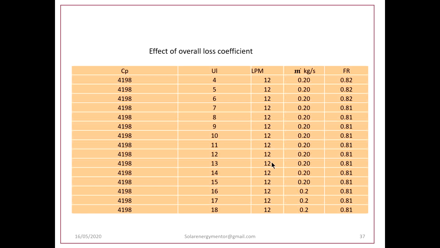Now, what is the effect of the overall loss coefficient on the heat removal factor? It is not much, not really noticeable, because if we vary the overall loss coefficient from 4 watt per meter square Kelvin to 18 watt per meter square Kelvin, the only change obtained in FR is 0.82 to 0.81.